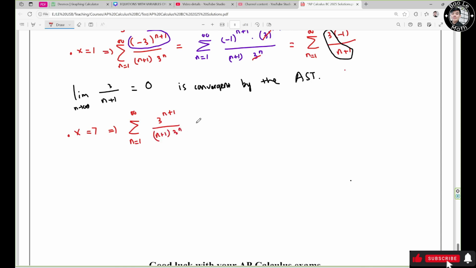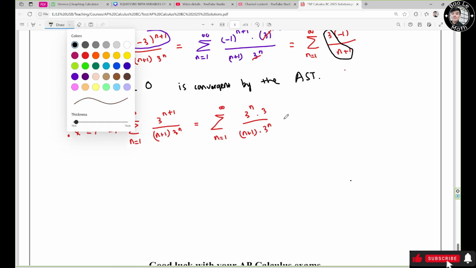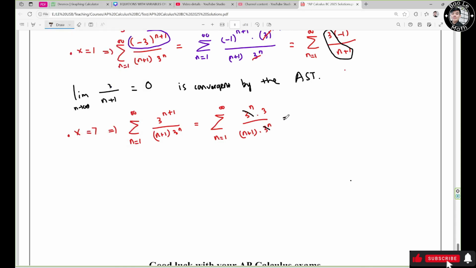This is the same thing as the summation n from 1 to infinity of 3 raised to the n times 3 over (n plus 1) times 3 raised to the n. Then we simplify this one, so it's going to be the sum when n goes from 1 to infinity of 3 over n plus 1.